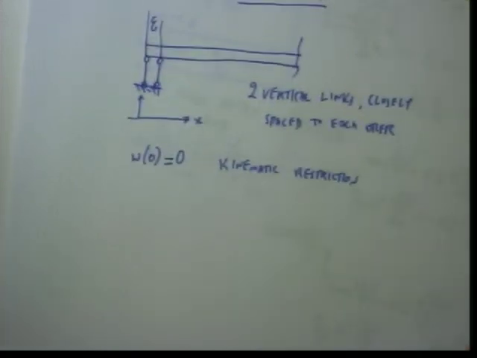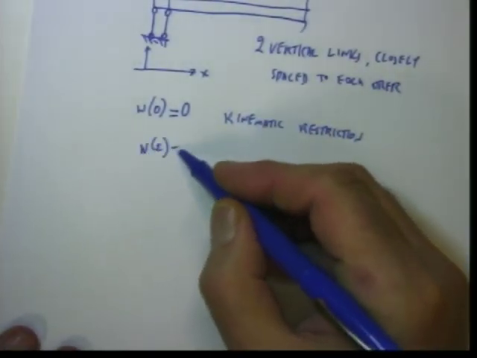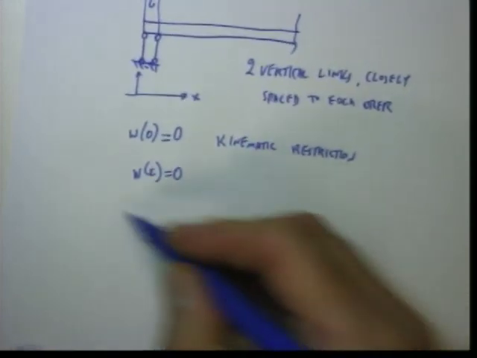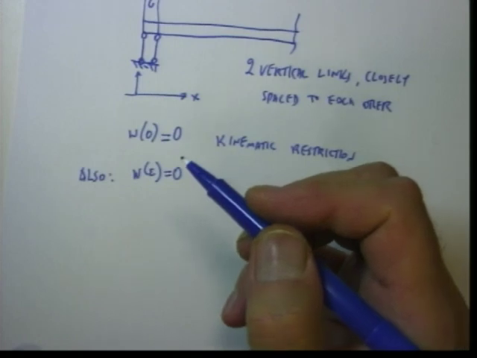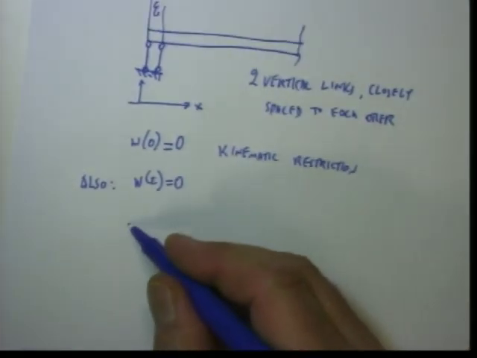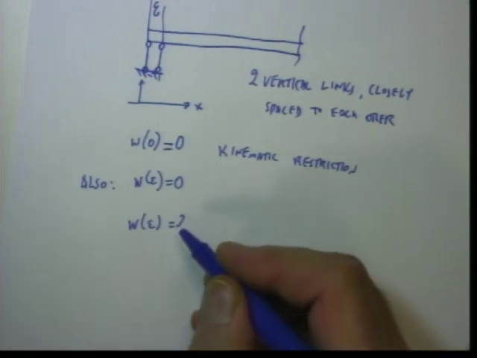And now let us look at what happens. But also W at epsilon equals 0. Now, what is W of epsilon? What does it mean, W of epsilon?